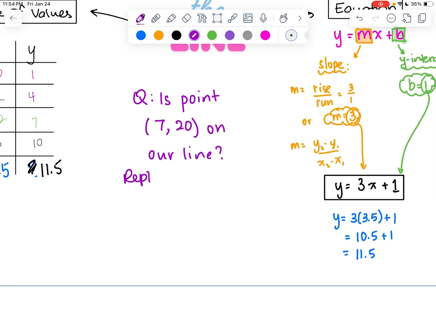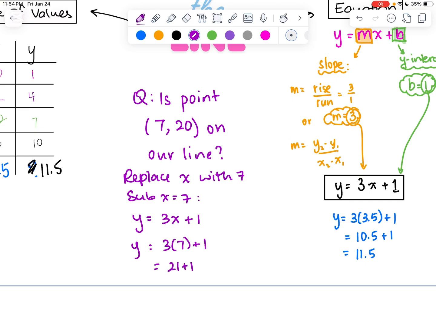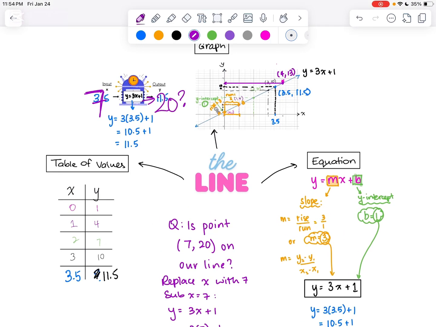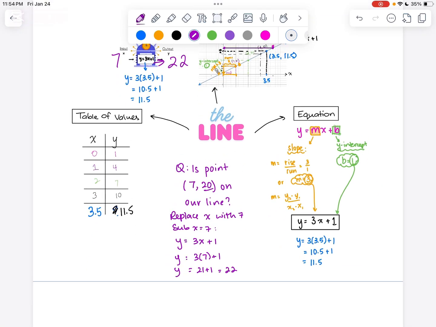We are going to replace x with the number 7, or sometimes we say sub x equals 7 into my equation. So y equals 3 times x plus 1, 3 times 7 plus 1, that gives me 21 plus 1, and that gives me 22. So no, the picture should look like this. If I put in a 7, what comes out the other end should be a 22, not just a 20.